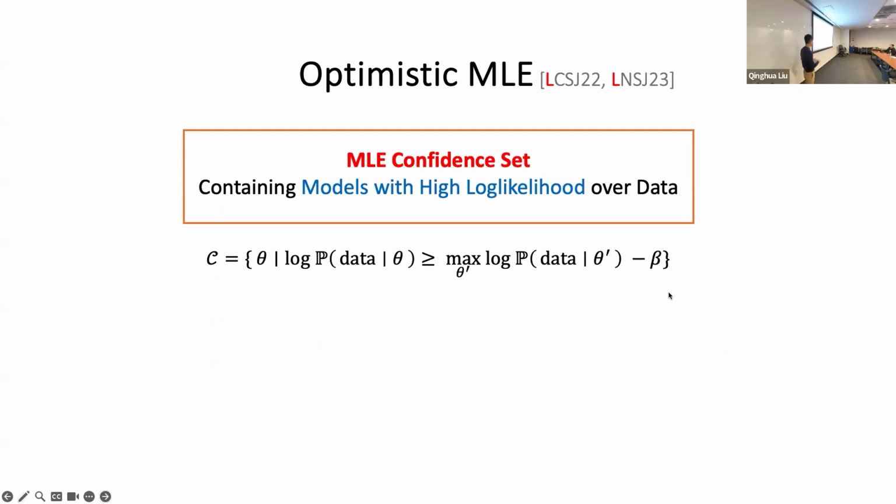We construct a confidence set which contains all the possible POMDP models which have high log likelihood over this existing data. Mathematically, we are just picking those models whose log likelihood is only slightly smaller than the maximum log likelihood. So this is not computationally efficient.